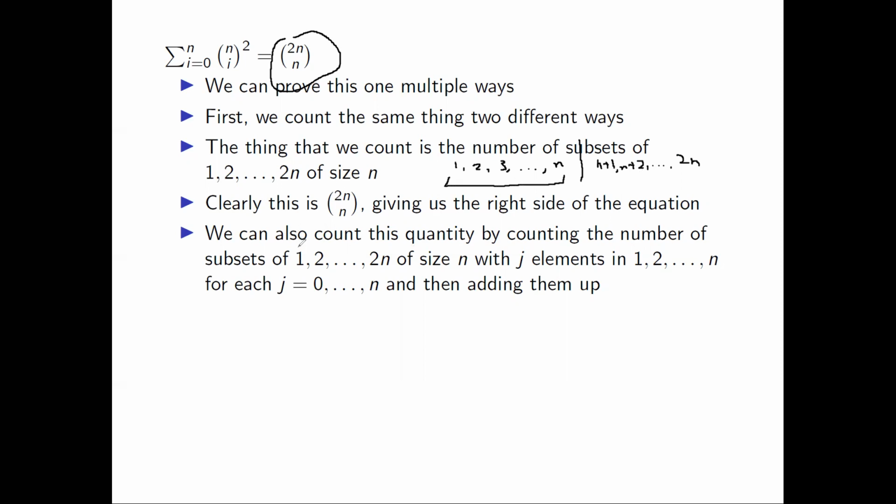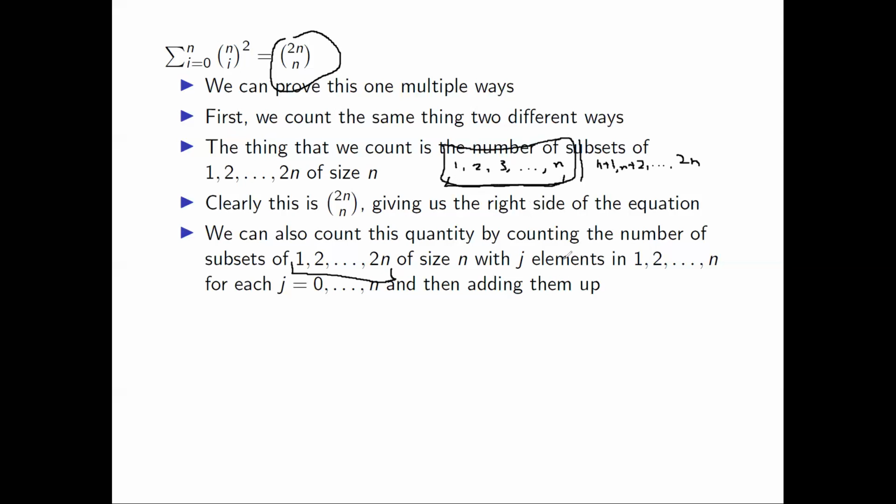So in other words, for each j equal to 0, 1, 2, up to n, we will count the number of subsets of 1, 2, up to 2n of size n with j elements in 1, 2, up to n.